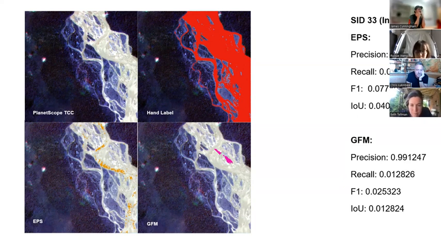Almost none of them detect this Great River, but that is something EPS and GFM, and probably the current surface water detection methods, need to focus on, because braided river is a really common water type in plain areas, and especially in many tropical areas with lots of rainfall, with large precipitation, and more plain surface. So Great River is very common.